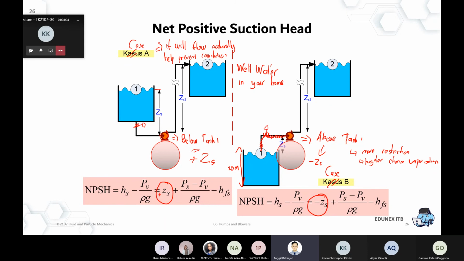Now, can you imagine putting the pump underground for well water? It's like another 5 meters below the well. So you have to install a pump underground in your home, 25 meters.